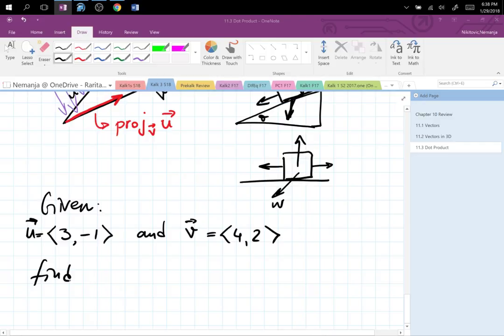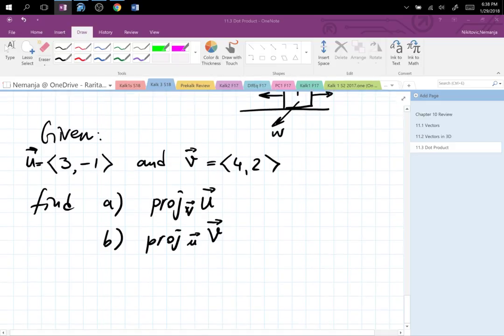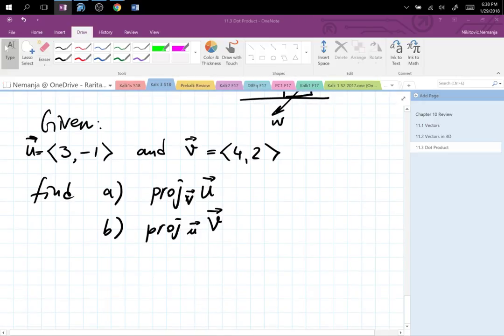Find part A, projection of vector u onto vector v, and part B, projection of vector v onto vector u. So again, the second one requires of you to massage the formula and figure out what you have to replace in which way in order for it to work.